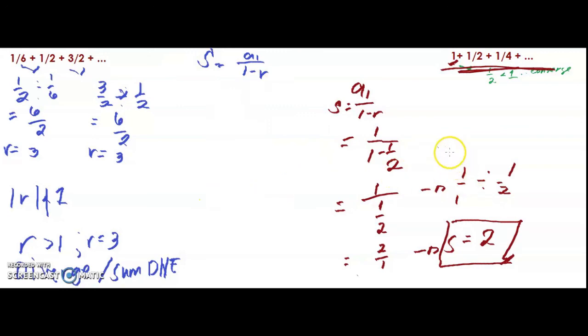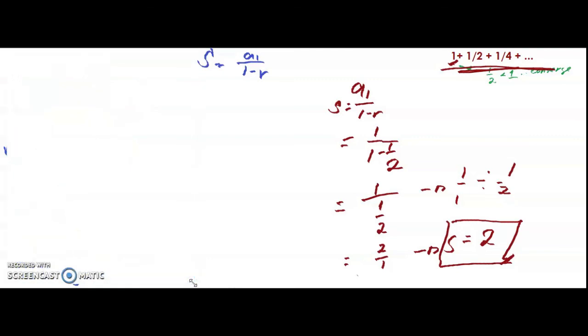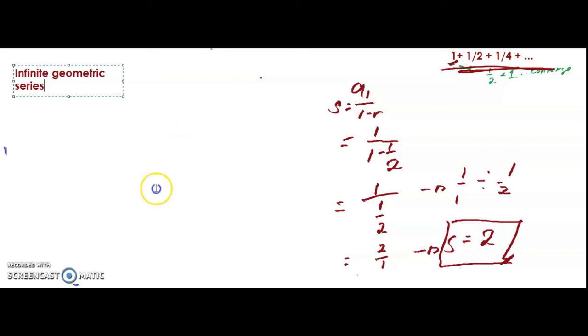So that is how to determine the sum of our geometric pattern. Again, our formula for the geometric pattern is for an infinite series, and series is equal to sum.